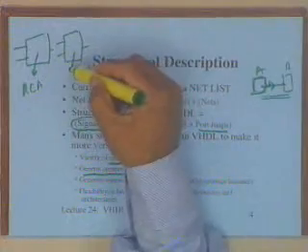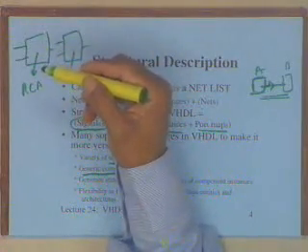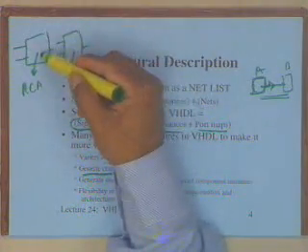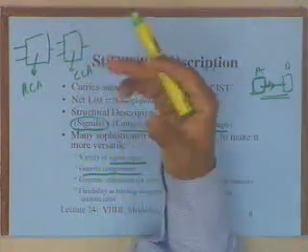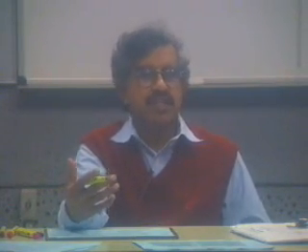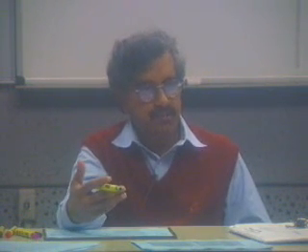If I want to hide this fact, I can pass a generic parameter value of the delay. I can say that this ripple carry adder has a delay of, say, 50 nanoseconds, and this one has a delay of 30 nanoseconds. So I can change this and perform my simulation completely. If I really want to study what happens when I change this to that, I can do that simply by passing it as a generic parameter.